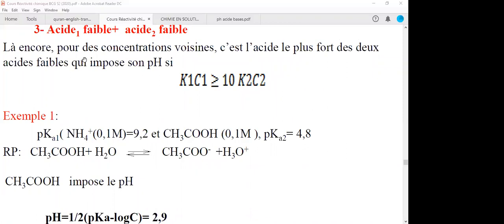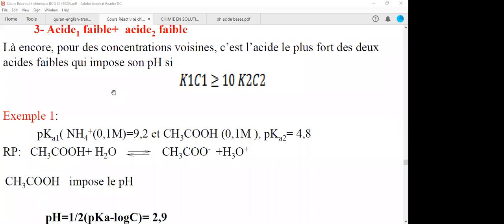Là encore, pour des concentrations voisines, c'est l'acide le plus fort des deux acides faibles qui impose son pH, si Ka1 C1 is greater than or equal to 10 times Ka2 C2. So if we have such a mixture of two weak acids, and the concentrations are almost the same, just neighboring.